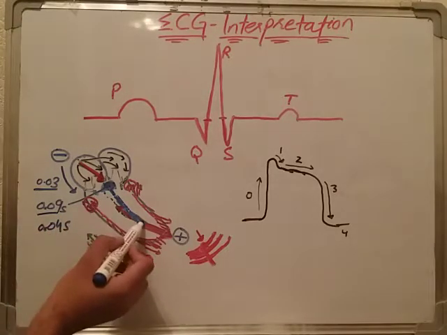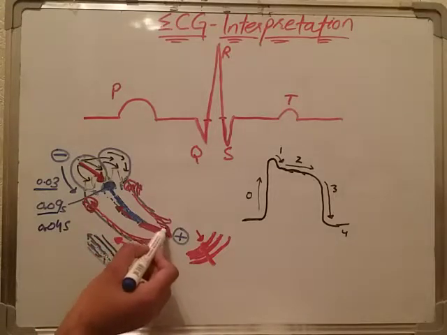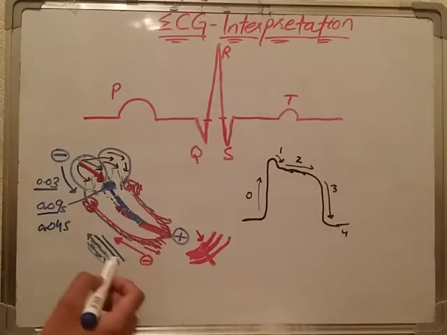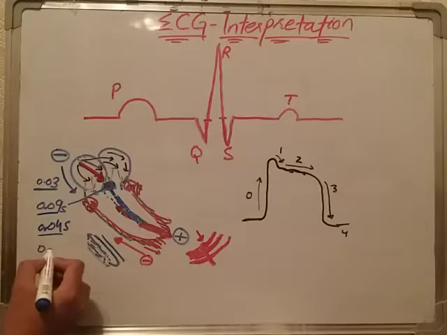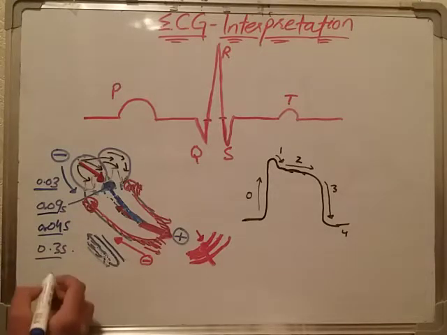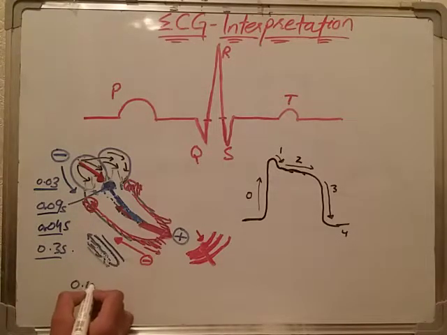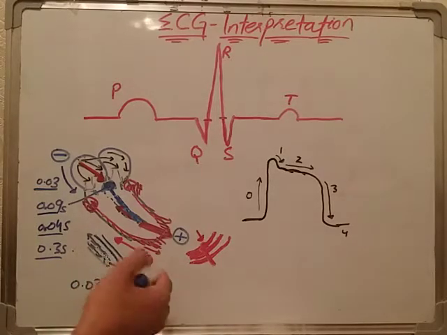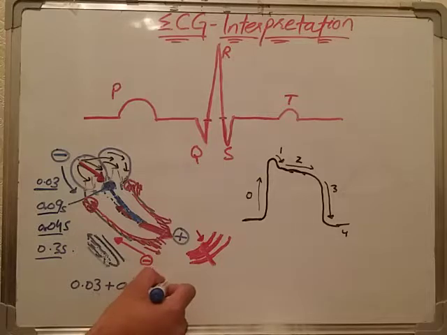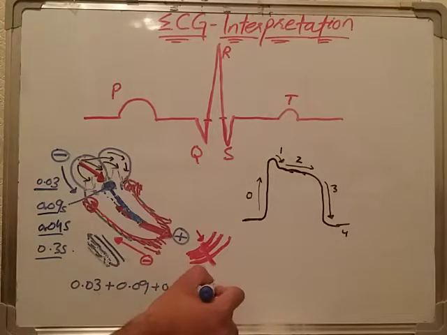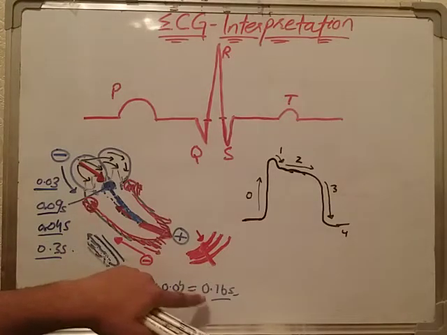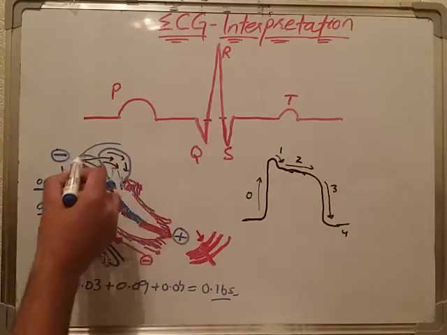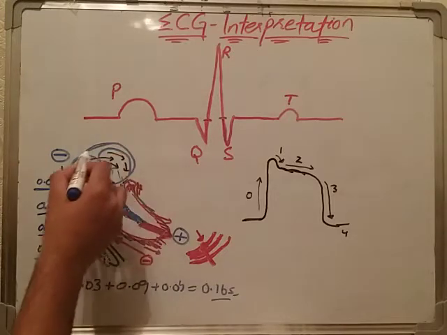From here to here is 0.04, and toward the Purkinje system it will take a time of 0.3 second. So if we sum up 0.03 plus 0.09 plus 0.04, it will be somewhat like 0.16 second. So this 0.16 is the time in which the atrium contracts.